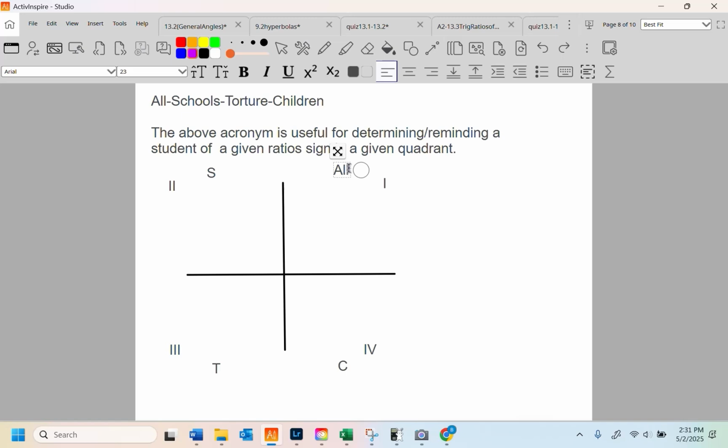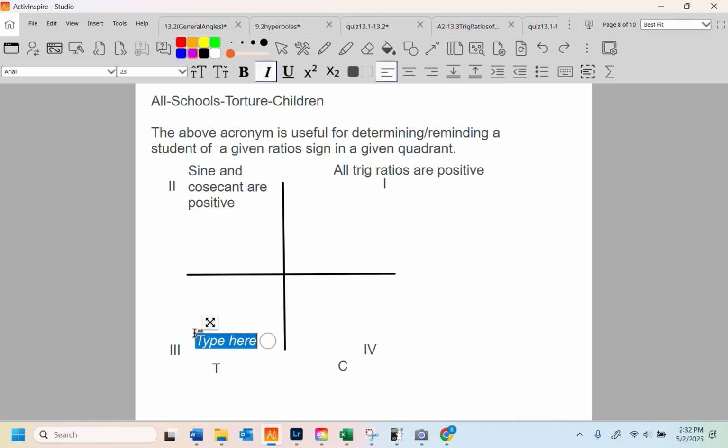The A stands for all trig ratios are positive. Again, in class, I use a different acronym, something I can't say on YouTube. In quadrant 2, sine and cosecant are positive. Now, by the way, if these are the only things that are positive, everything else has to be negative.